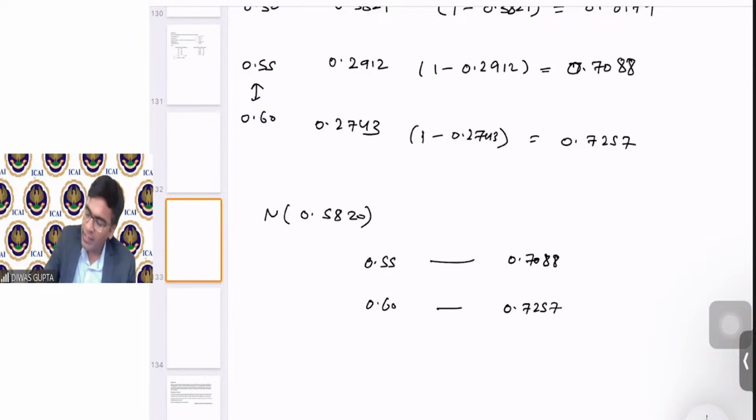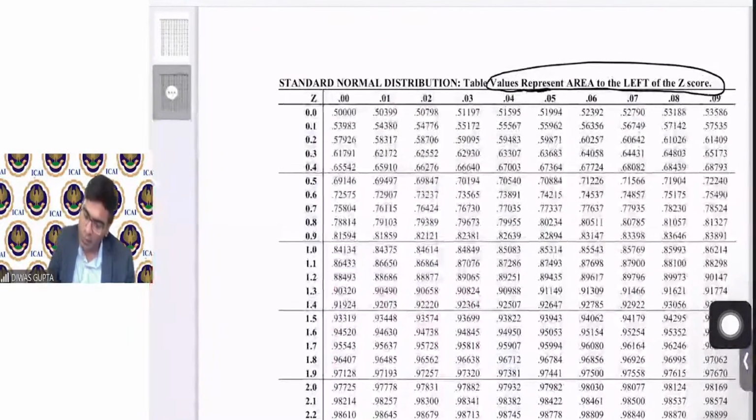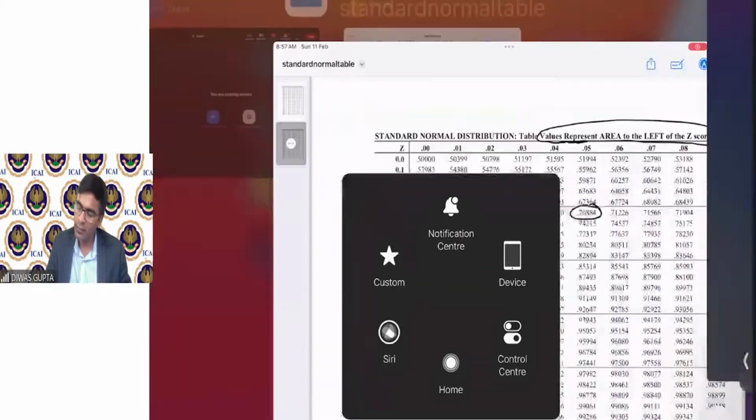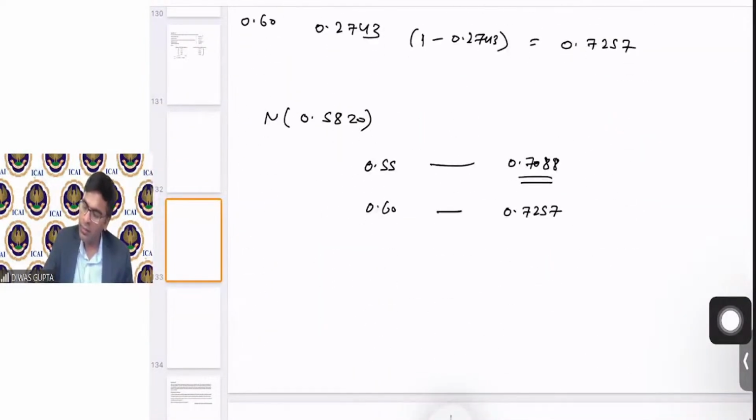See, if you want to reconcile this from the normal distribution table, 0.55 gives 0.70884, right? See, again the same value, 0.7088. I'm just trying to tell you that the numbers will be given in the question itself.